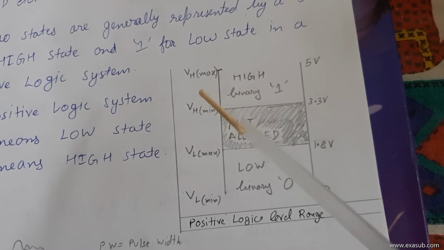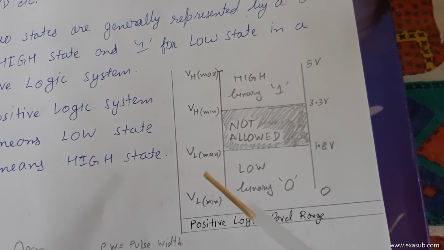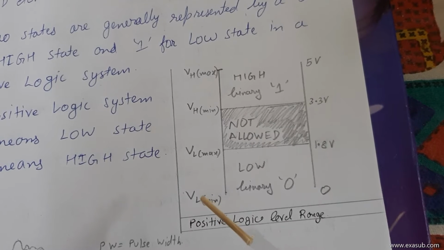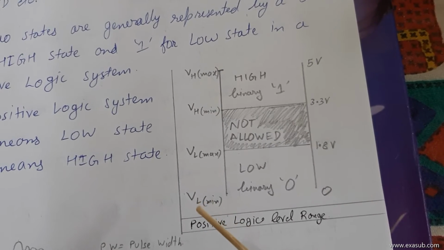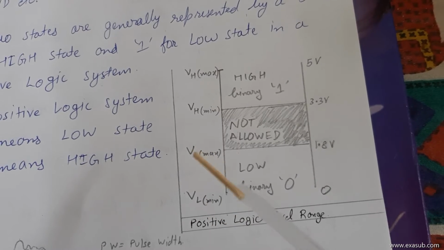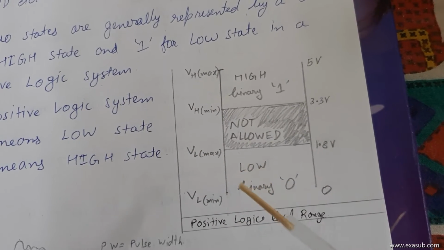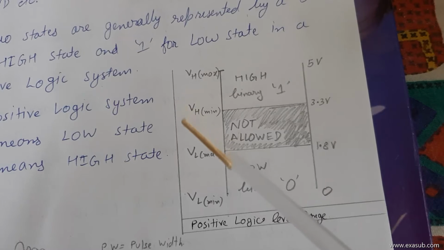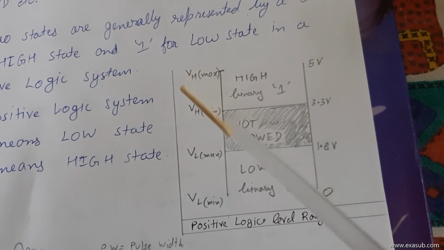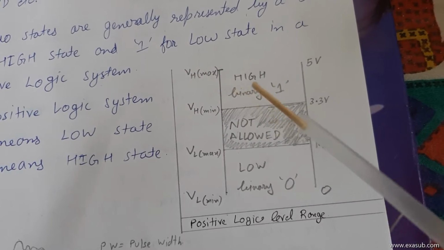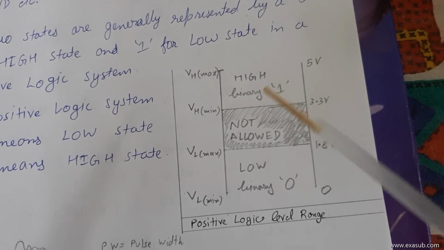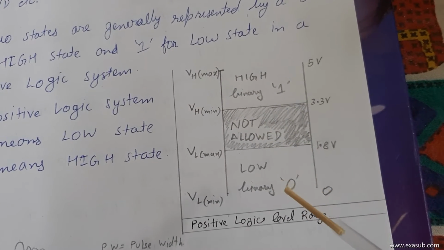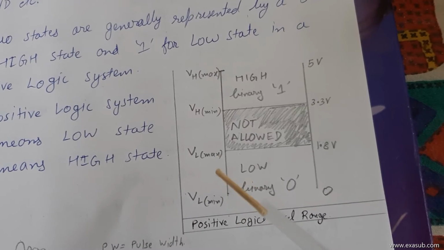If the value falls between VL min and VL max, it will be called low, and if it falls between VH min and VH max, it will be called high.